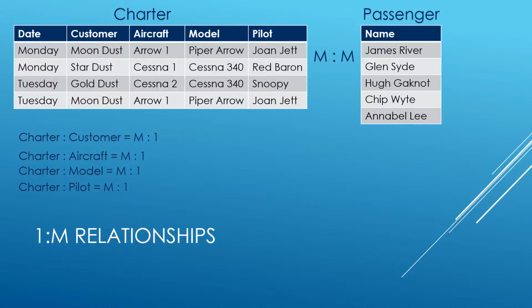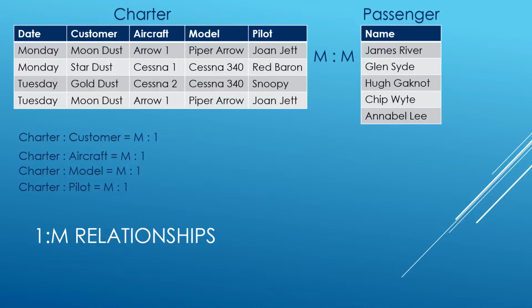Model, again, is a many to one because a charter has one model, when a model could be in more than one charter. And again, we have many to one with pilot, where we have Joan Jet in more than one charter.